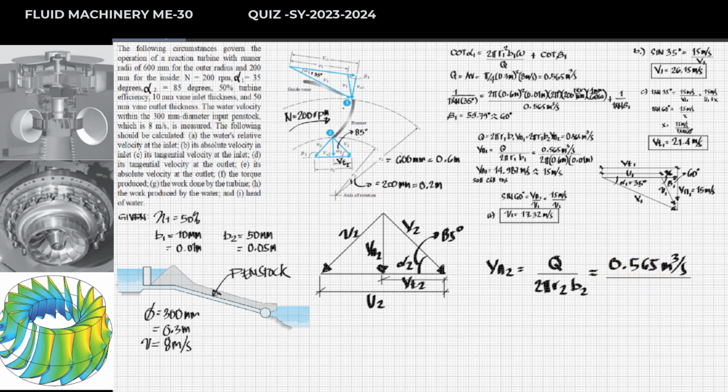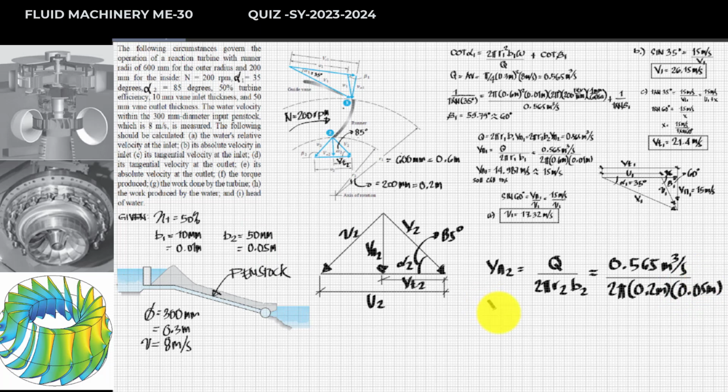The value of your radius and thickness, that will be 2 pi, and radius 2, referring to the figure, that will be 0.2 in terms of meter, multiplied by the thickness of the vane, which is 0.05 meter.